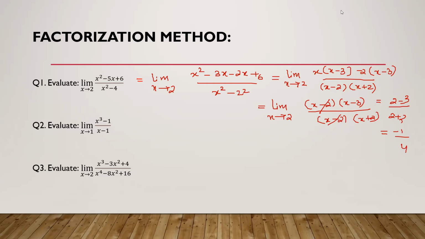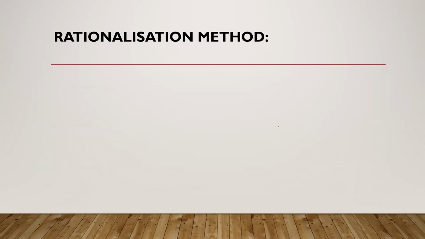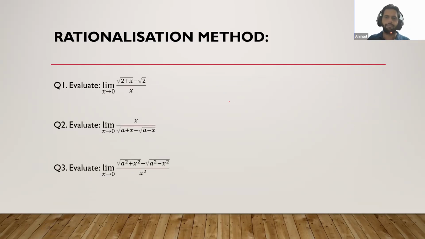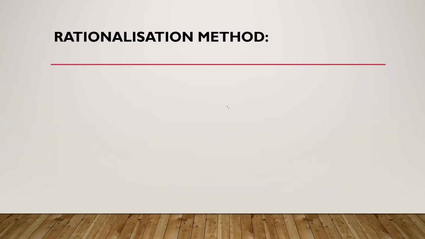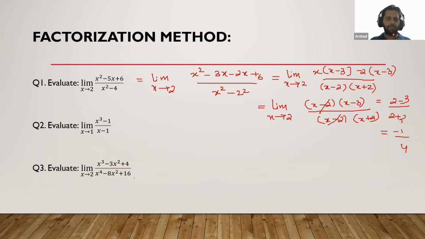Yes. Okay, great. Now next is the rationalization method. Sir, how should we do the third question, sir? This one, the third question? Yes, sir. Okay, so this is not quadratic, that's why we can't factorize this directly. So in such cases, in place of x we will put a value. For example, you can try to put 2 here.